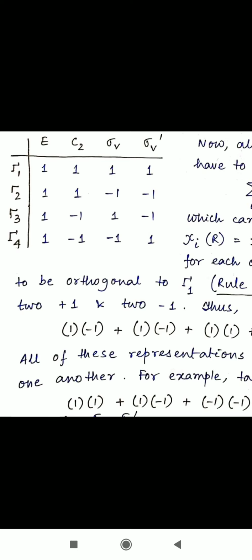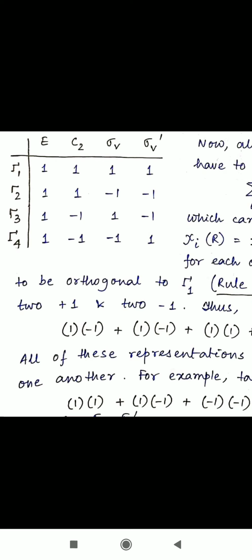So this is our character table. You can check. We have the symmetry operations E, C2, sigma V prime or sigma xz and yz, and at the left 4 different types of irreducible representations, and then we had written the values as 1 and minus 1.